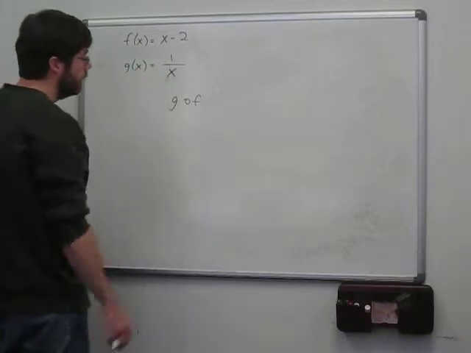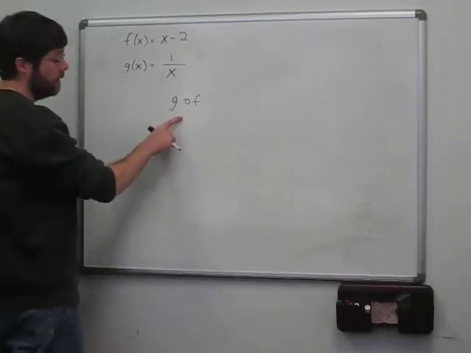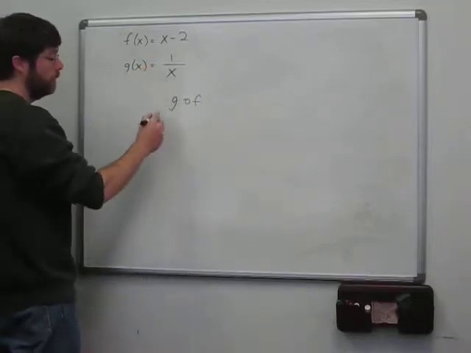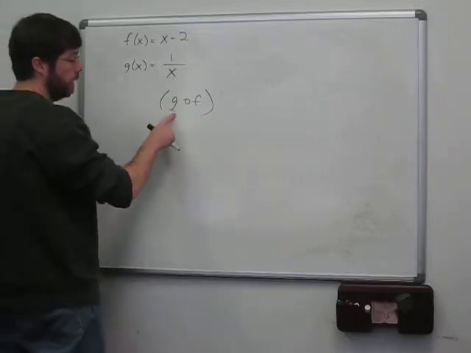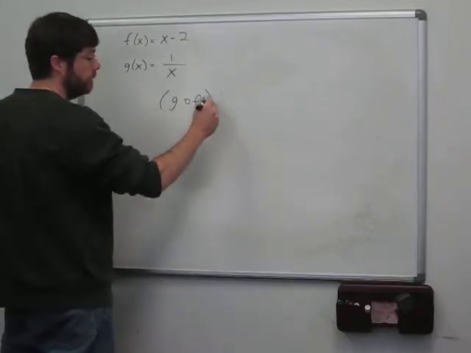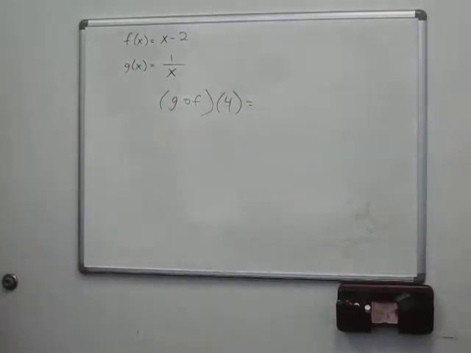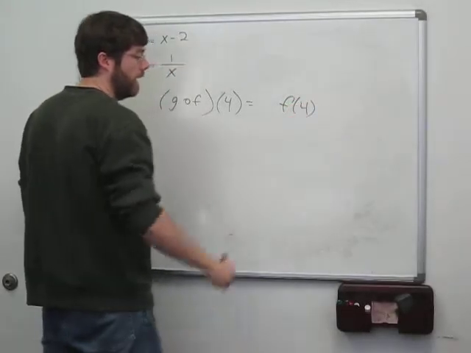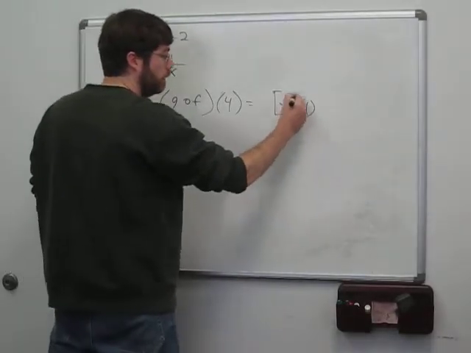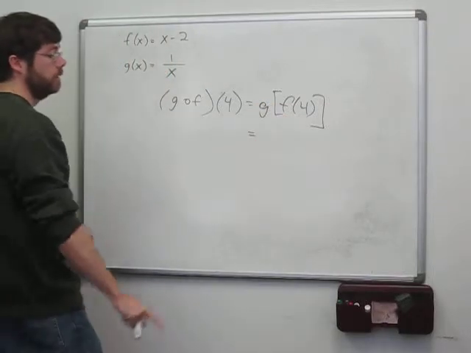I have two different functions up on the board. Let's go ahead and investigate the domain of the composition when we are using these two functions. So let's consider g of f at 4. Okay. So again, we are going to take f and apply it to 4, and then apply g to the result.